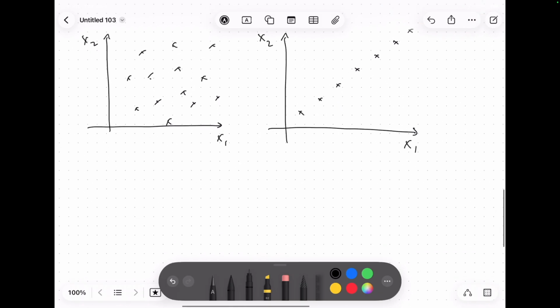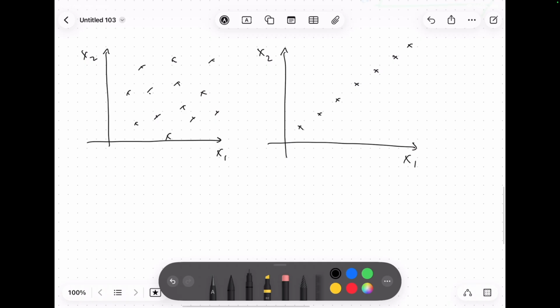So let's think about this conceptually. Y regressed on x1 and x2. Here you may have variation in y that corresponds to x1 or variation that corresponds to x2 or maybe both to some extent.